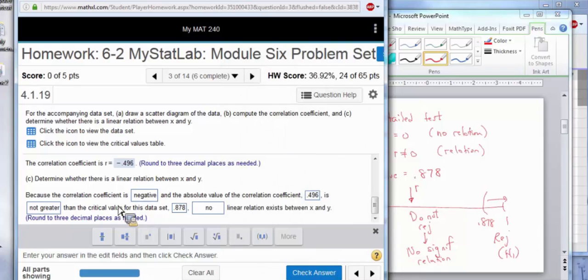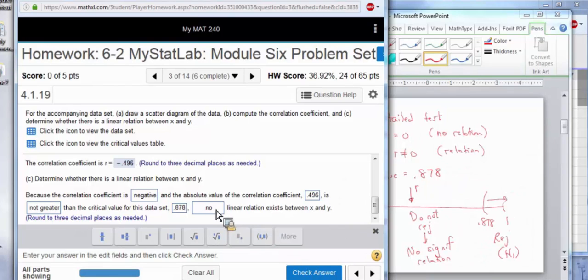Okay, correlation coefficient is negative 0.496, which is the number part of the coefficient, is less than 0.878, no relation. Well, not that H0 is necessarily correct, Kendra, but H0 is believable. It's believable that there is not a correlation coefficient.